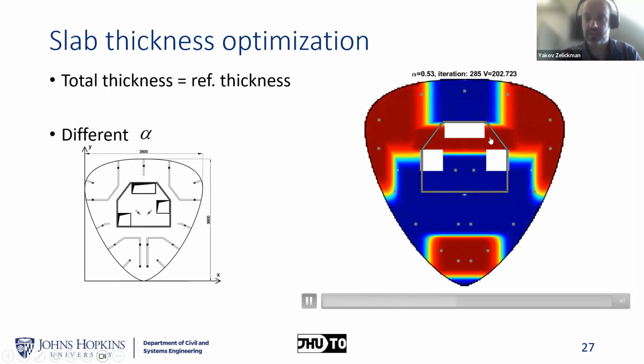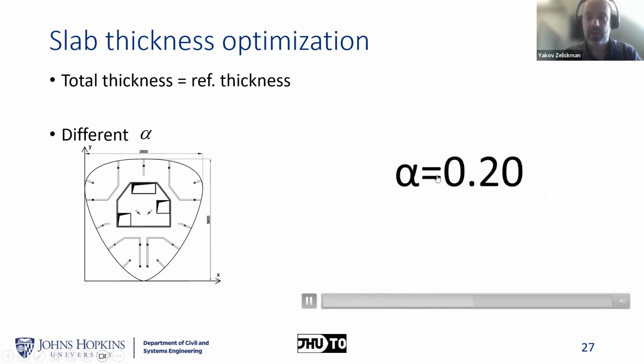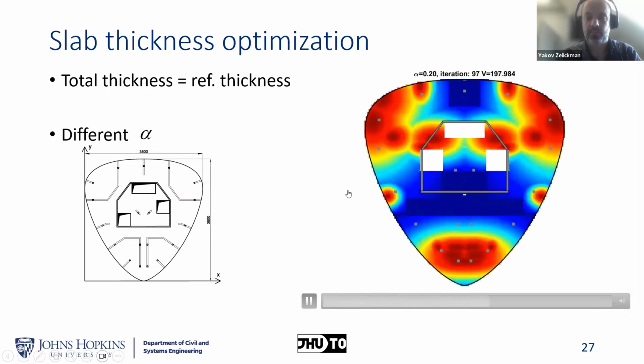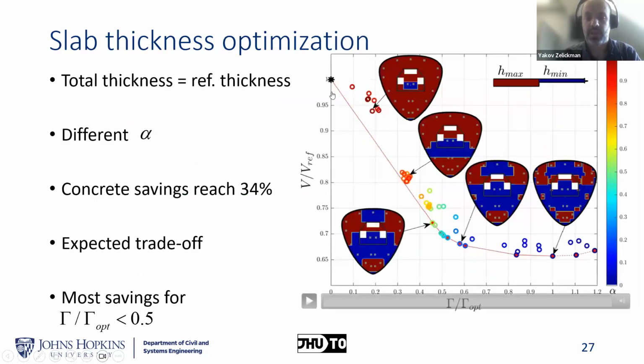And when I plot everything on this graph, again, the horizontal axis is the complexity, the vertical axis is the volume savings, and again, we see that most of the savings are obtained before we reach the maximal complexity. So a small change in complexity gives us a lot of savings.